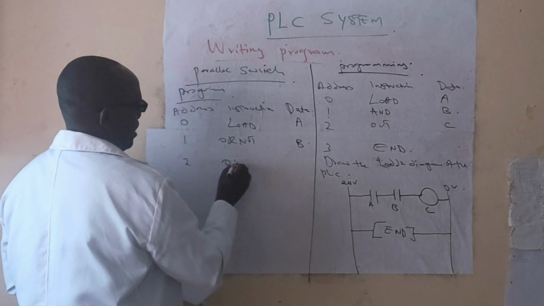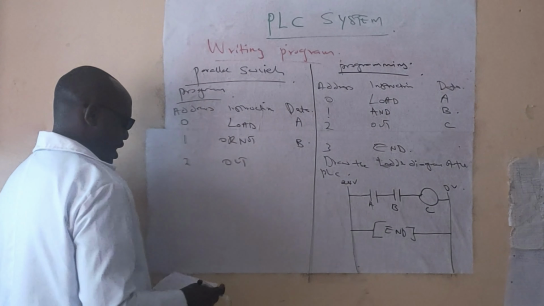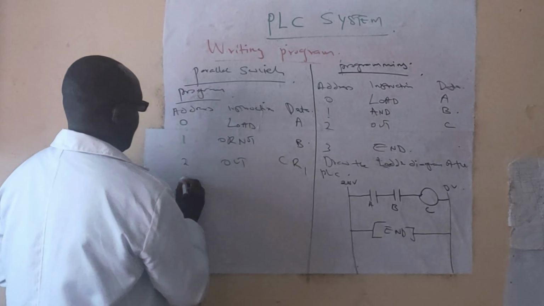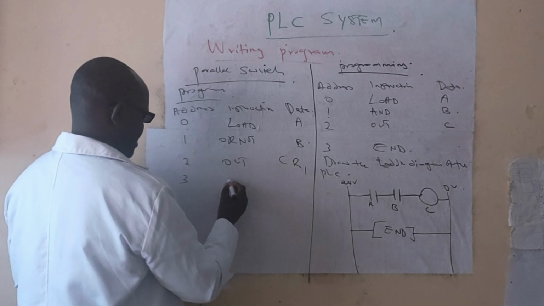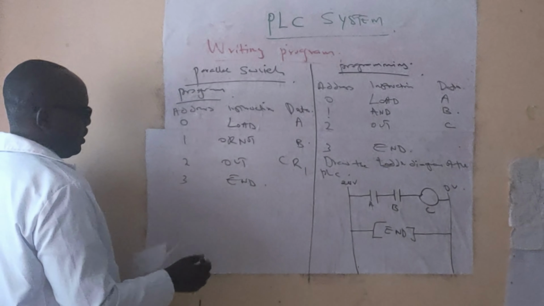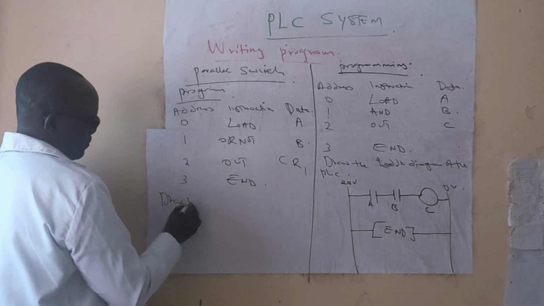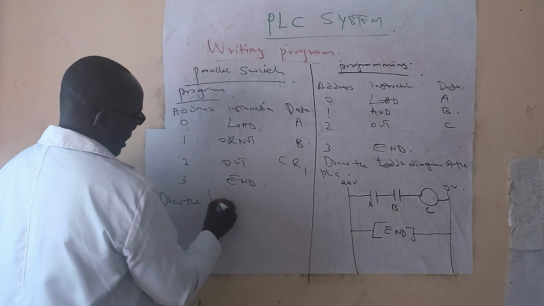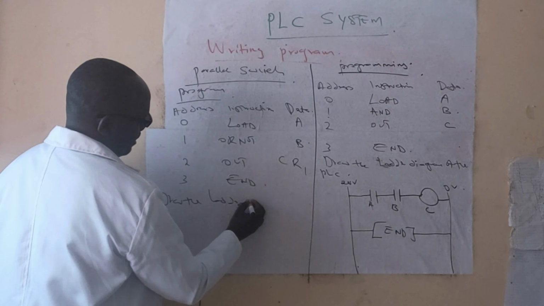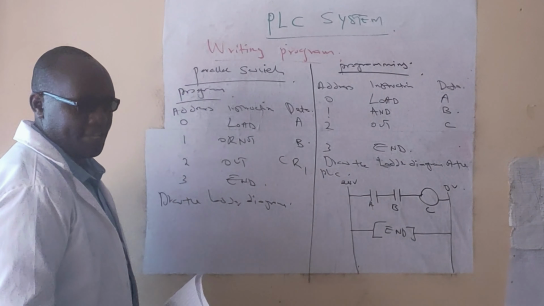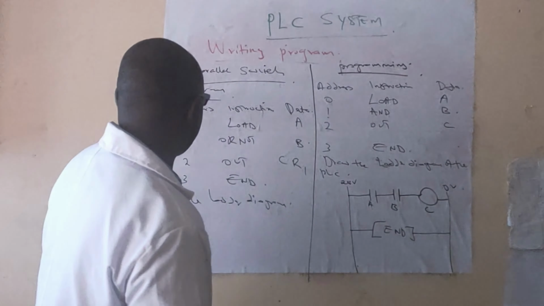The instruction there is OUT, CR1, and 3 is end the program. And then the question is to draw the ladder diagram.